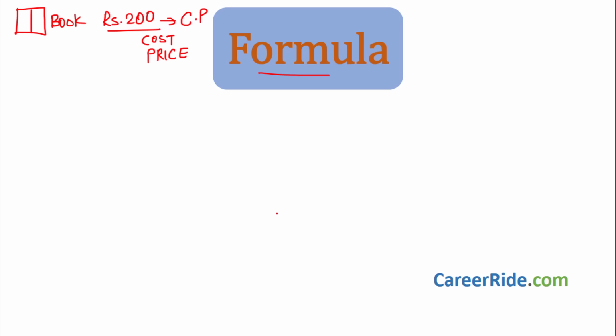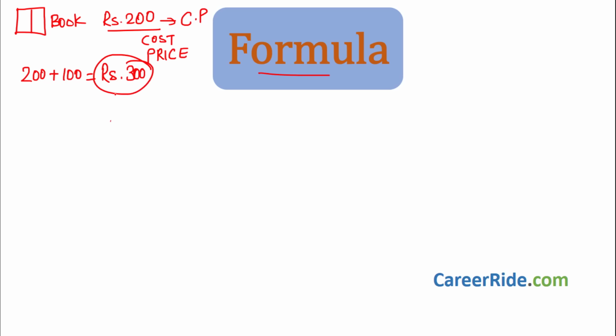Now if you want to sell this book for say 100 rupees profit, after selling the book, what you will do? You will sell the book for rupees 200 plus the 100 rupees profit you want, that is rupees 300.